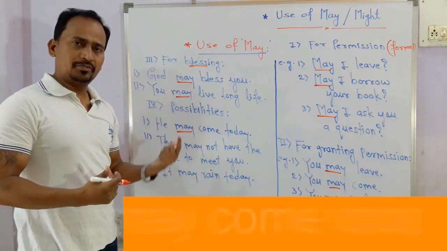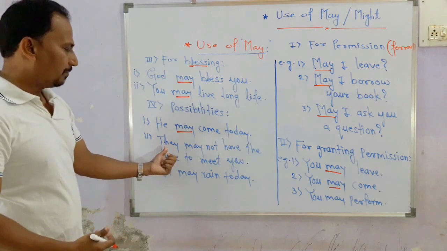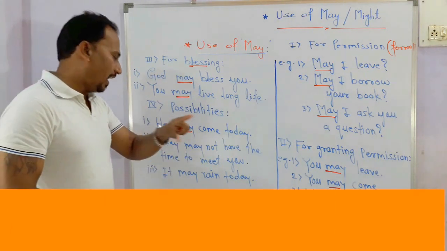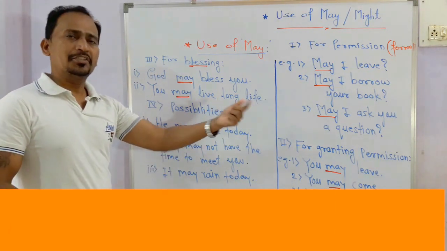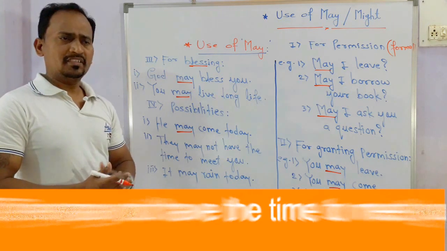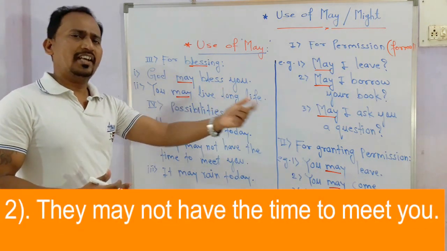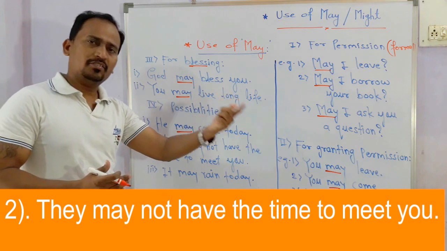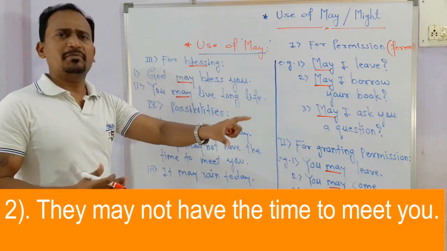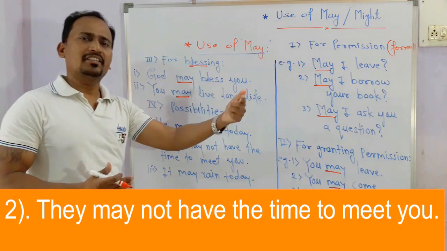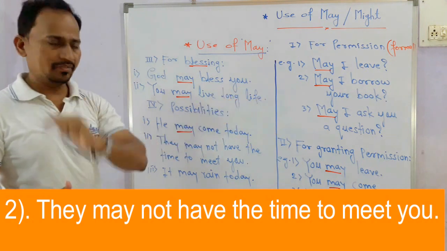He may come today. One more example. They may not have the time to meet you. That means they do not have time. I mean, there is a possibility of not having time for meeting you.